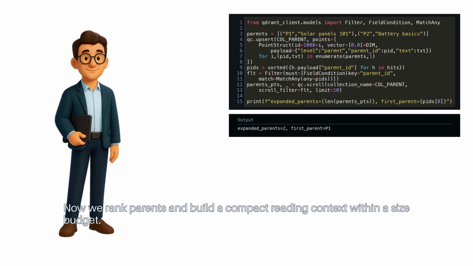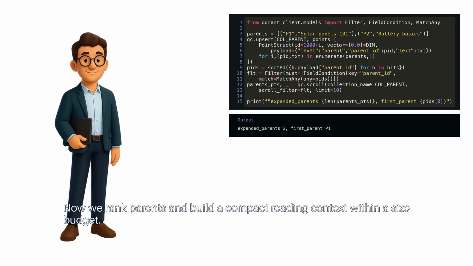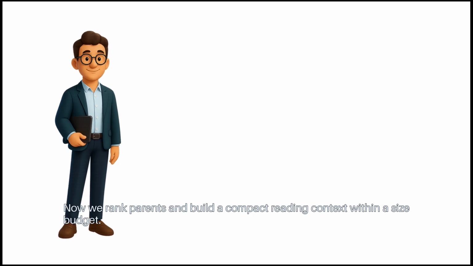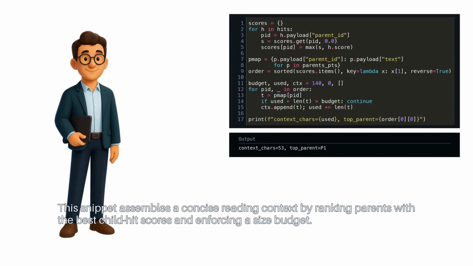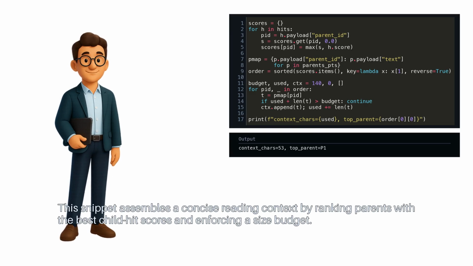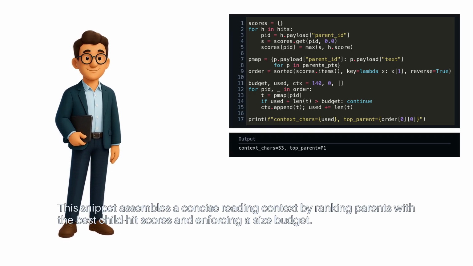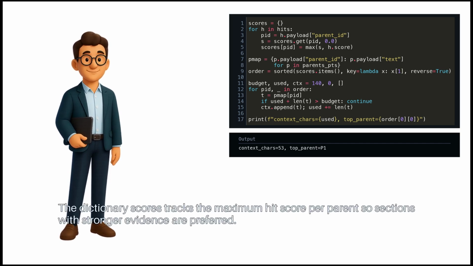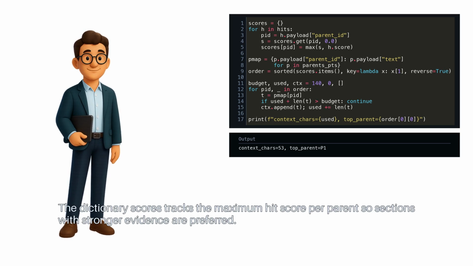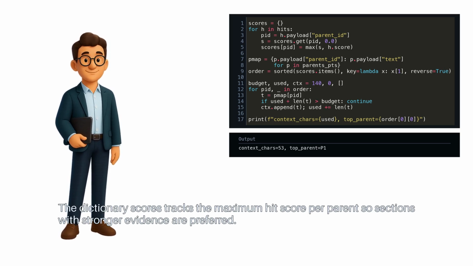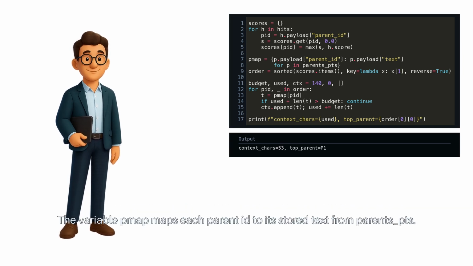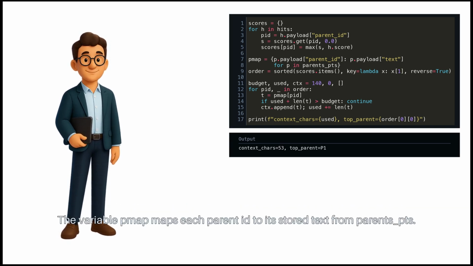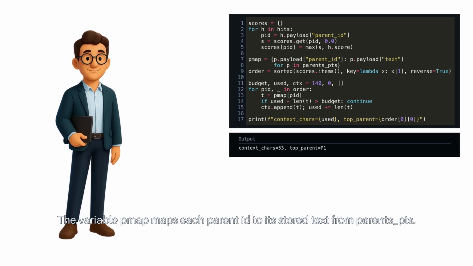Now we rank parents and build a compact reading context within a size budget. This snippet assembles a concise reading context by ranking parents with the best child hit scores and enforcing a size budget. The dictionary scores tracks the maximum hit score per parent, so sections with stronger evidence are preferred. The variable pmap maps each parent ID to its stored text from parents' pts.